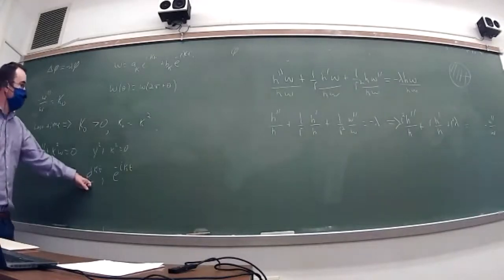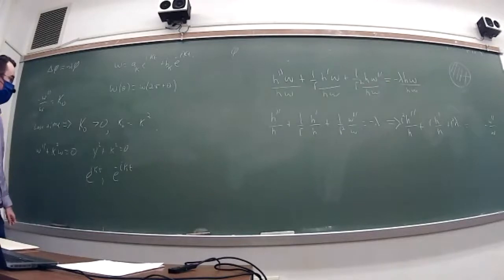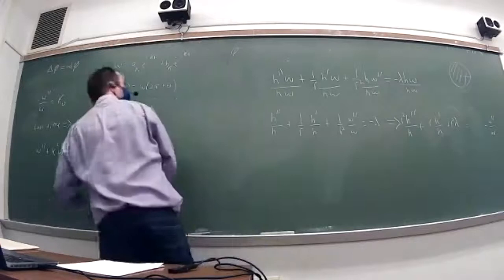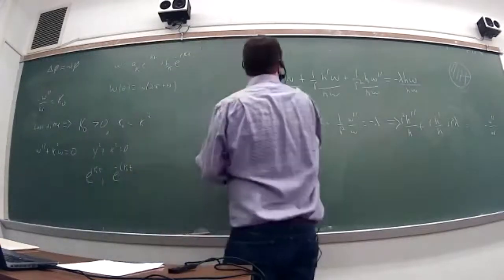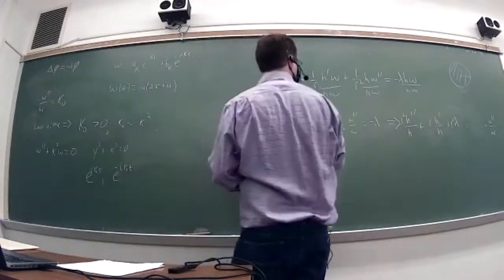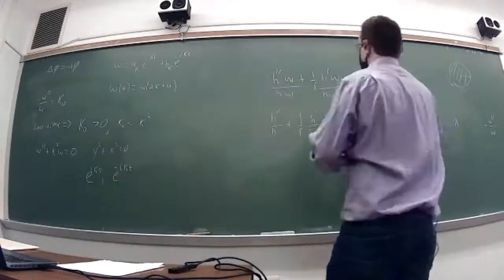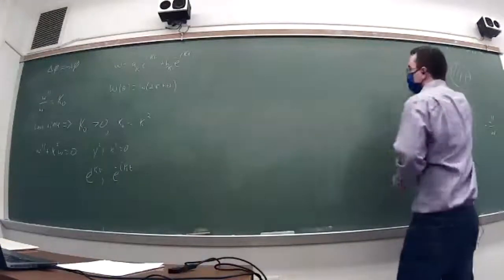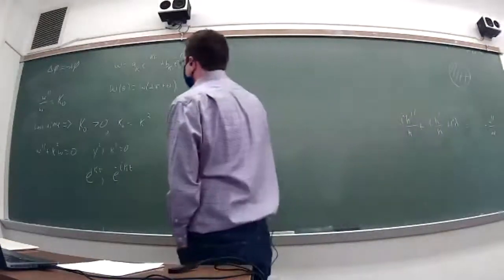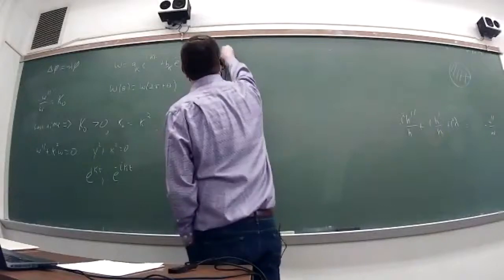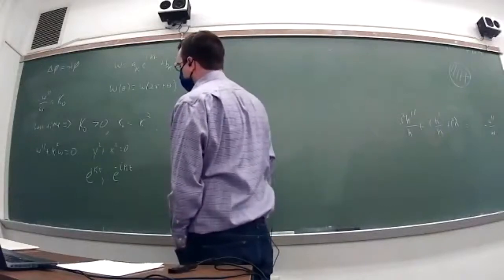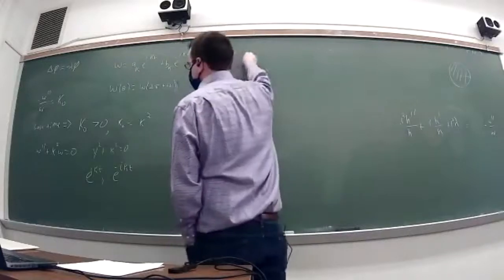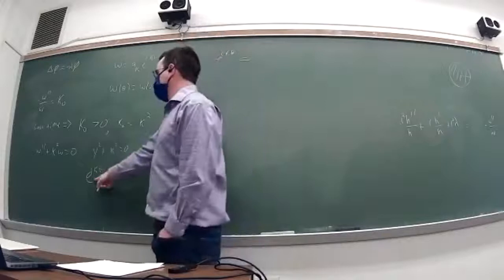And this has a consequence for this constant k, because if you look at, say, e to the i k theta, and this needs to be, taking this for omega.